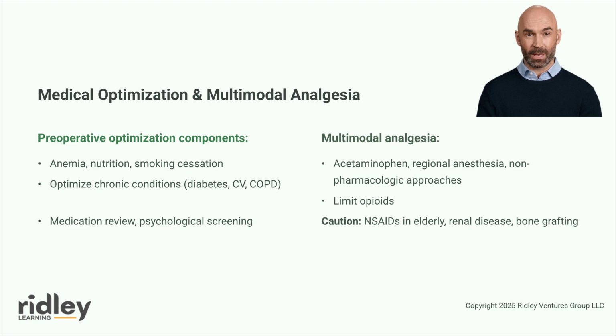However, medication selection must be individualized based on patient-specific contraindications and risk factors. Nonsteroidal anti-inflammatory drugs should be used cautiously in elderly patients and those with renal insufficiency, cardiovascular disease, or gastrointestinal disorders, and should generally be avoided in patients requiring bone healing, such as those with bone grafting procedures.